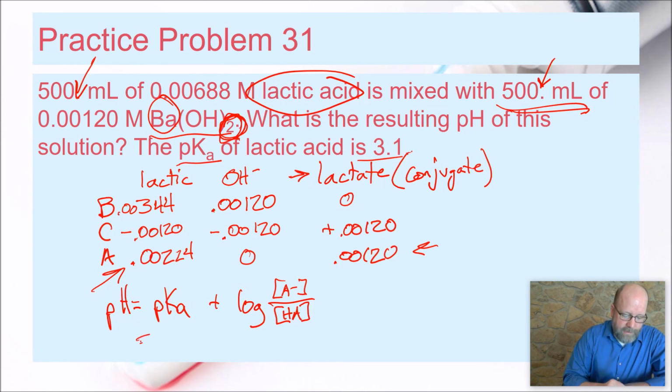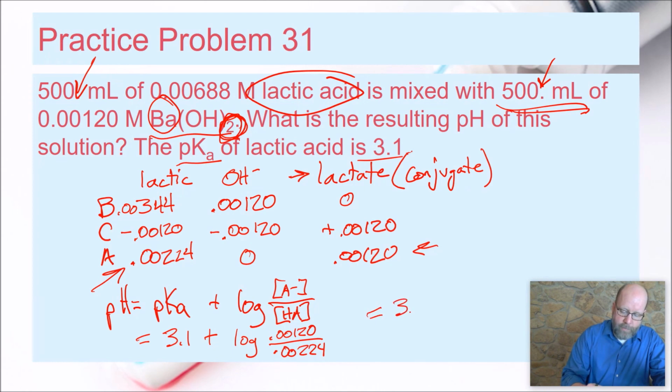So for us, that's going to be equal to 3.1 plus the log of the conjugate base, 0.00120 over 0.00224. So this is going to be 3.1 plus negative 0.271, let's just say 1. And so that should get you about 2.8 for your pH.